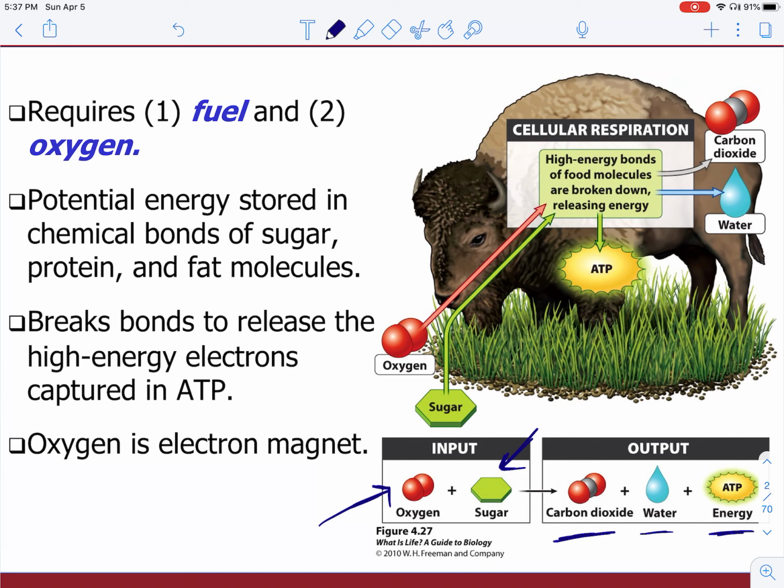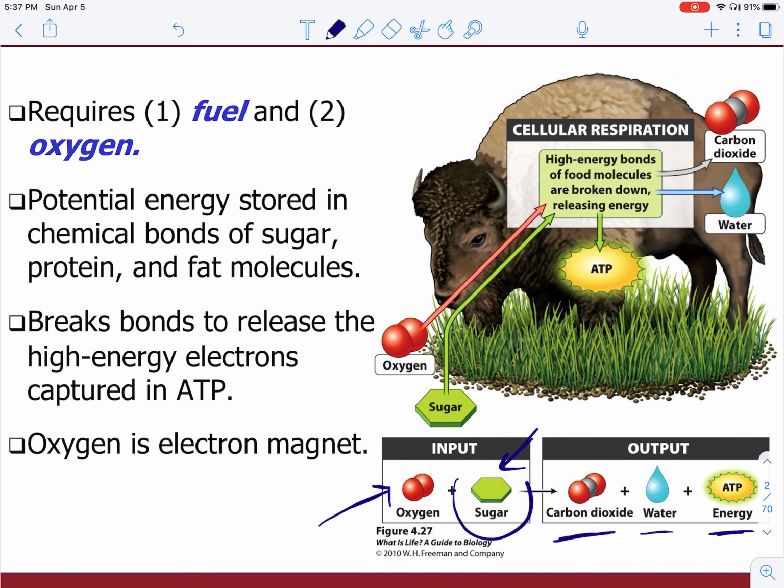The reason we do that as organisms is because every cell in our body utilizes oxygen, and we will see it utilizes it as the final electron acceptor in the electron transport chain in oxidative phosphorylation, and we produce carbon dioxide as a waste product.